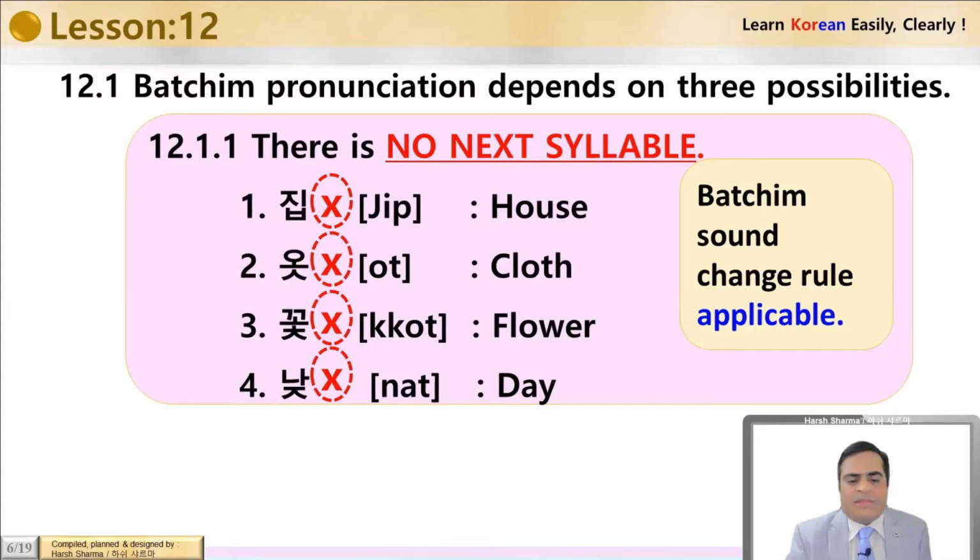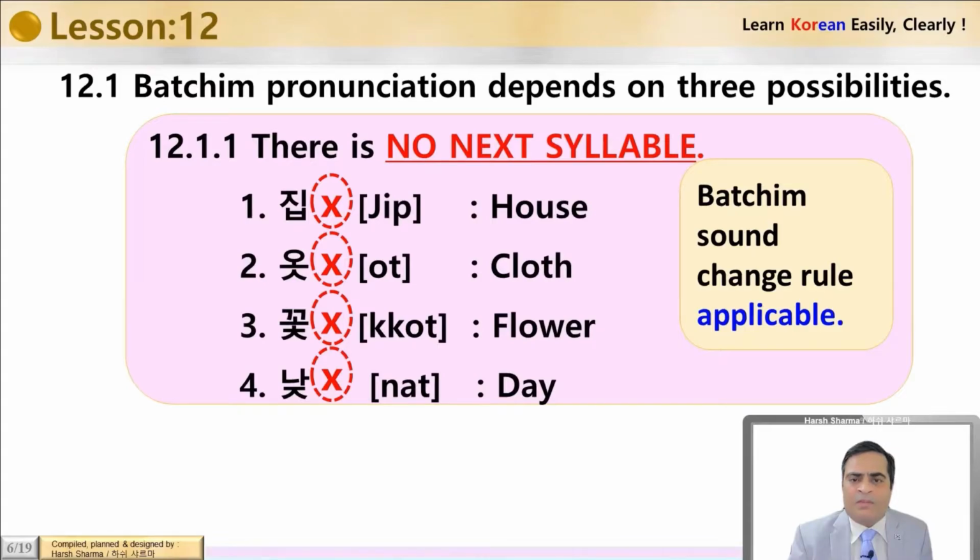See the first possibility. There is no next syllable. First word is chip. Second is oath. Number 3 is kot. Number 4 is nat. These words we have already done in the previous lesson. So when this is the possibility that after the Batchim there is nothing after it, the Batchim sound change rule will be applied here. What is the meaning of that rule?